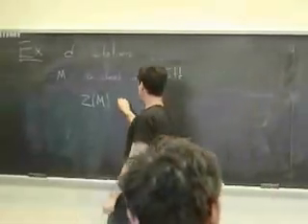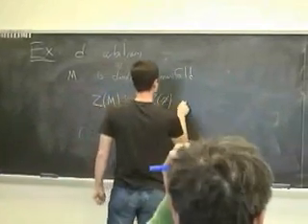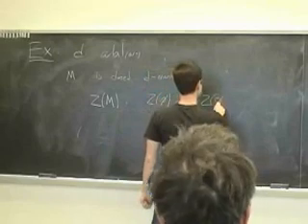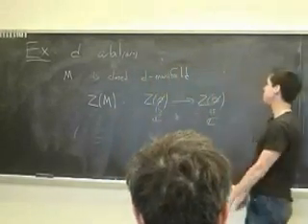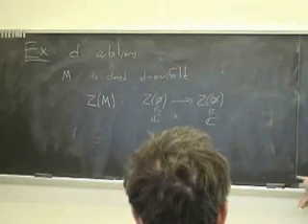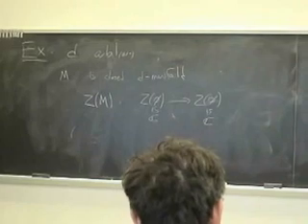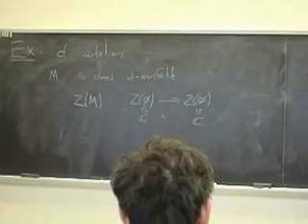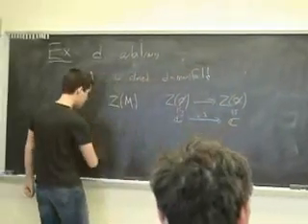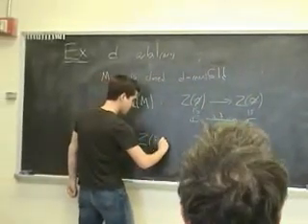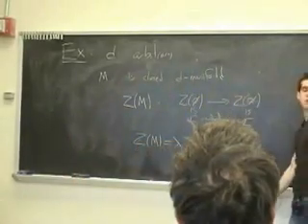So Z of M you can think of as a linear map from Z of the empty manifold to Z of the empty manifold, which, remember, Z of the empty set is just the complex numbers. So Z of M gives you a linear map from C to C, and that linear map is just multiplication by some scalar lambda, and I'll abuse notation by just identifying Z of M with that scalar.